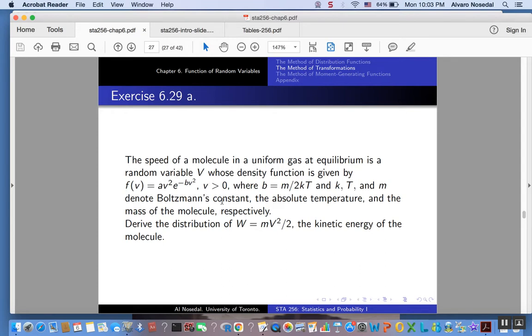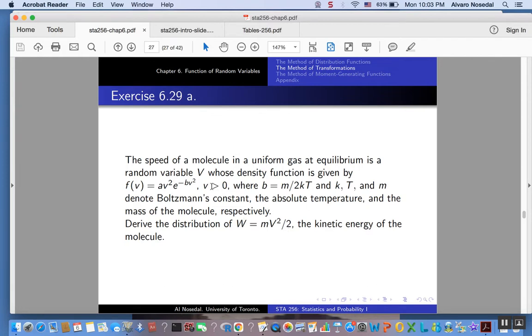If we apply this transformation for v's that are positive, then m v squared divided by 2 is going to be positive.